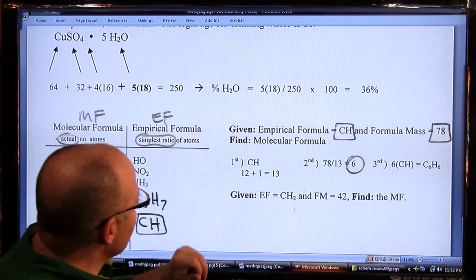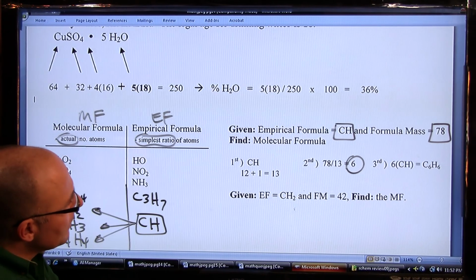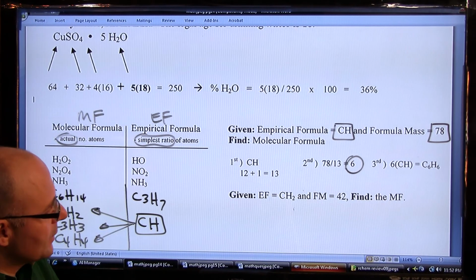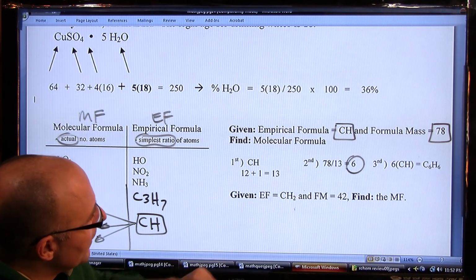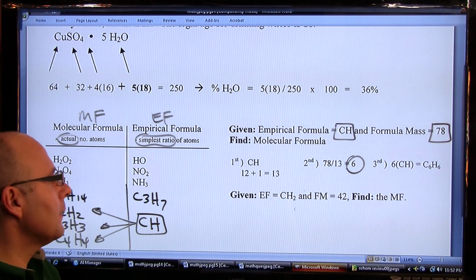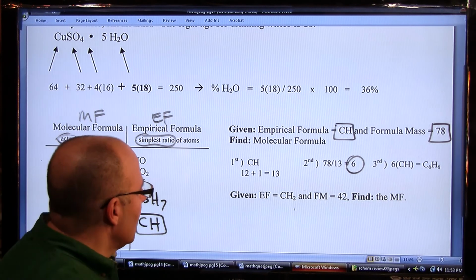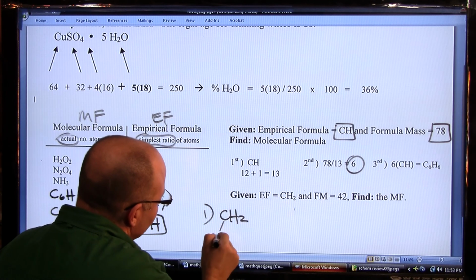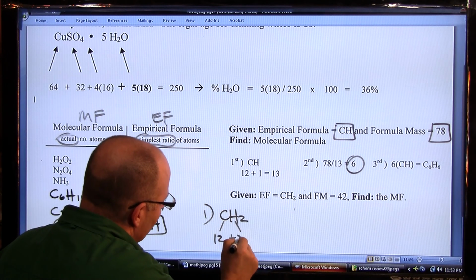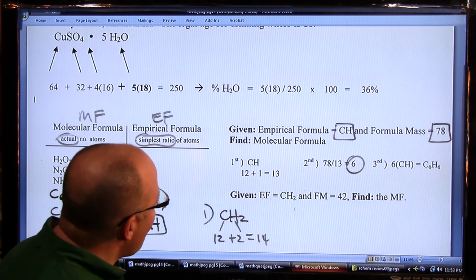All right, why don't you try doing this one right here. We're told the empirical formula of the compound is CH2, the EF, and its formula mass, the FM, is 42. Find the molecular formula. So again, let's find out, first of all, what CH2 weighs. That would be 12 plus 2, which is 14.